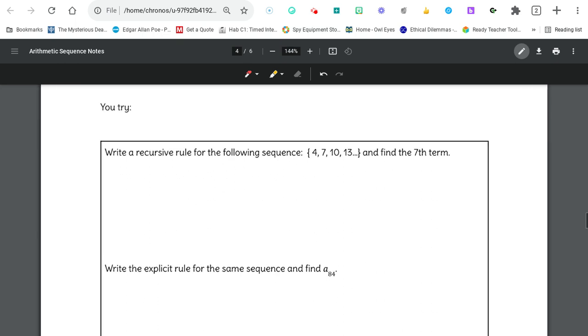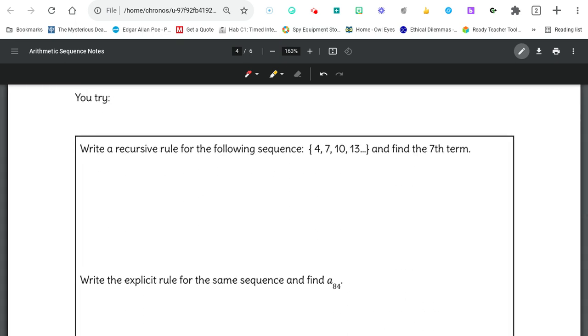All right, this is what you should have. All right, so the recursive rule, I need the formula. A sub n equals A sub n minus 1 plus D. So again, I'm going to keep n.